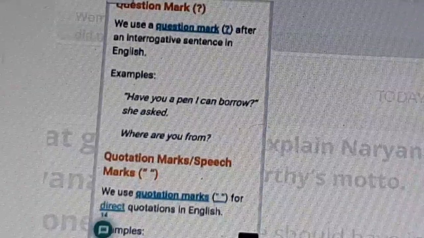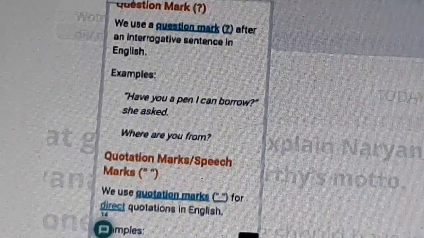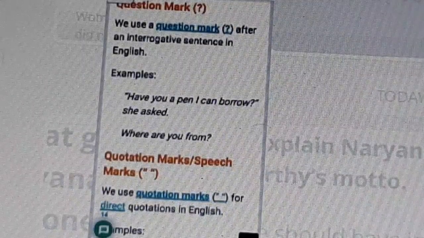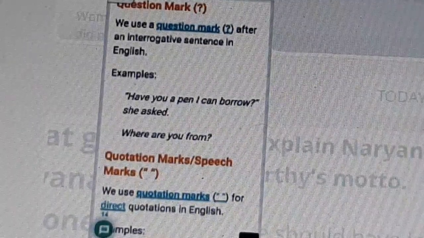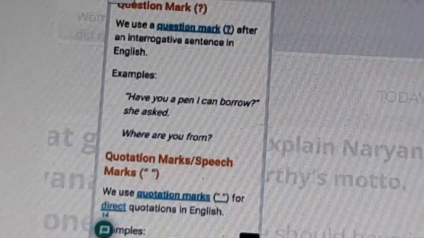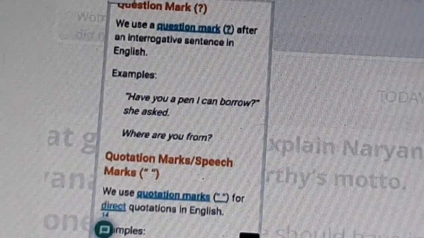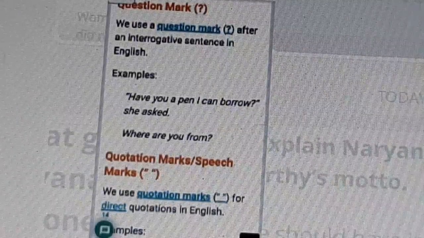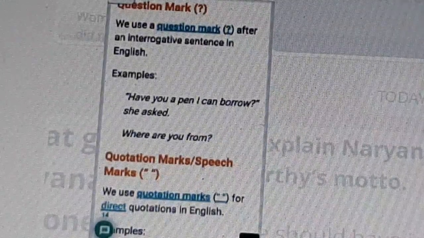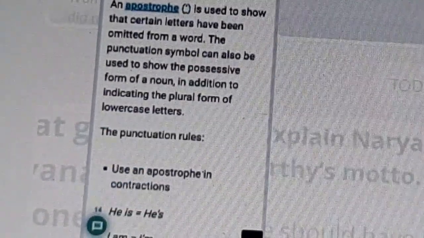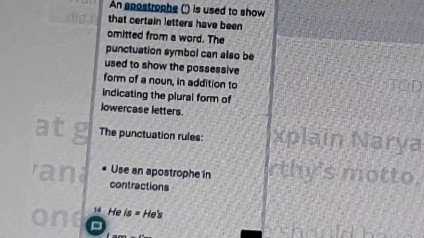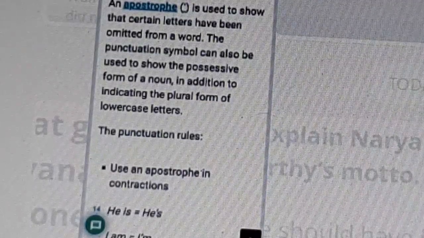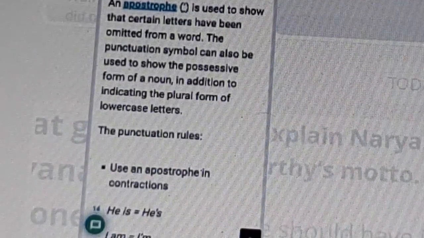Quotation marks are also known as speech marks. We put them when the words are exactly told. Here, "Have you a pen I can borrow?" The question mark is put in quotation marks. Apostrophe. An apostrophe is used to show that certain letters have been omitted from a word.